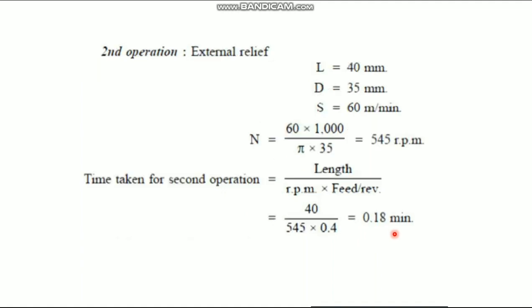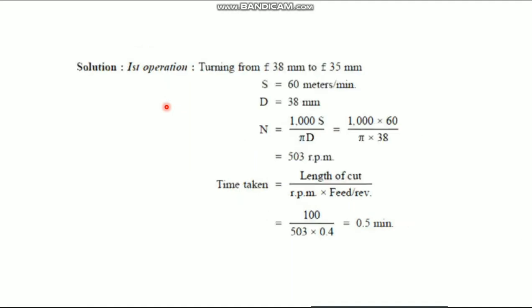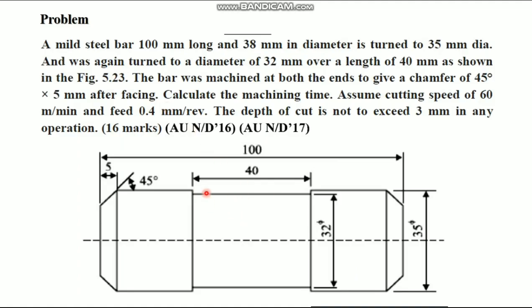Then the second operation, external relief. The length of external relief is 40 mm. This is the external relief, 40 mm. Here we want to reduce the diameter from 35 mm to 32 mm.